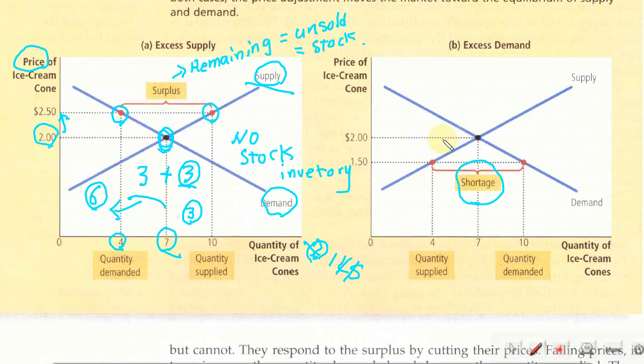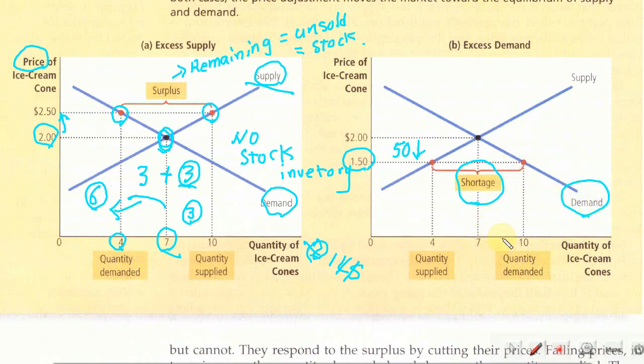Okay, contrary, look at the graph on the right. Then once the price goes down, this is a contrary, right? This is the contrary phenomenon. Once the price goes down up to 1.50, meaning 50 cents down, then naturally as the price goes down, the buyer's capacity to buy the product is increased.